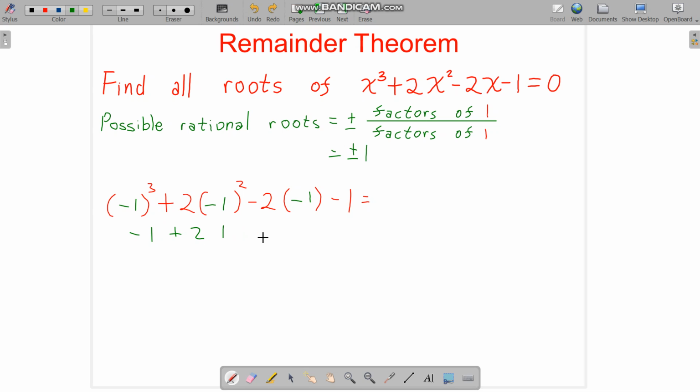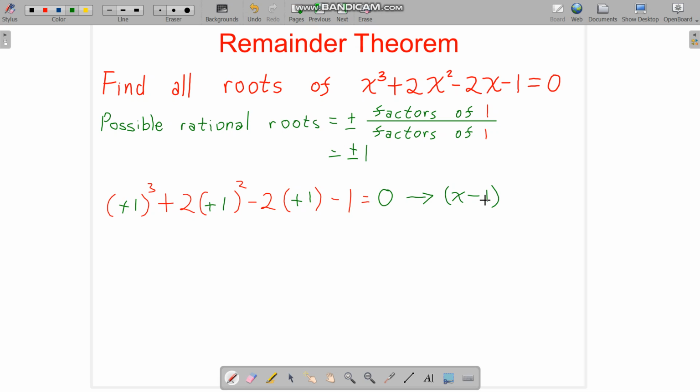It is not 0. Let's try plus 1. If we try plus 1, we get 1 plus 2 minus 2 minus 1, 0. So since this is 0, this means 1 is a root and x minus 1 is a factor.